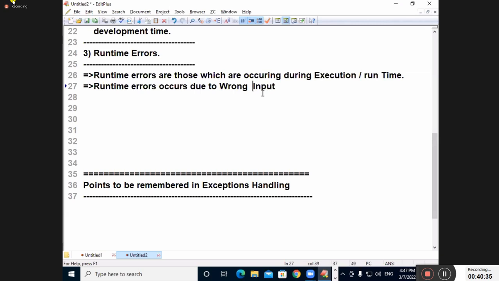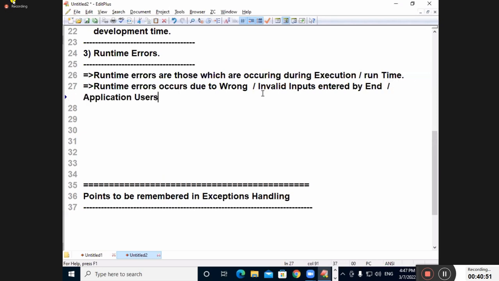Nothing but invalid inputs entered by end users, who are nothing but application users.